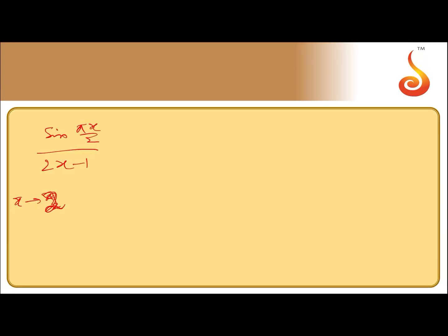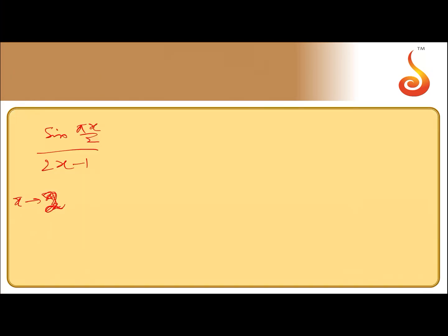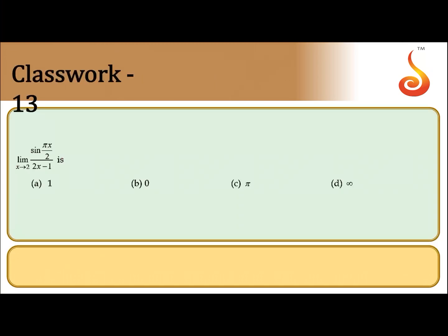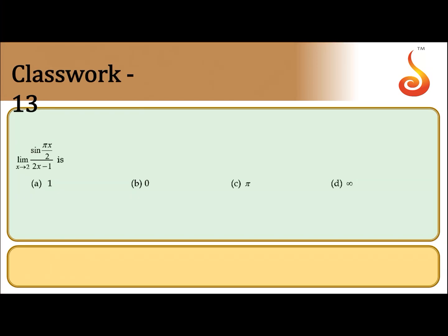As x tends to 2, when I substitute, you'll be getting sin pi by 2 divided by 4 minus 1. When you substitute, sin pi is 0, 0 divided by 4 minus 1. So clearly you could see that sin pi value, sin pi divided by 4 minus 3, answer is equal to 0. Direct substituting it.